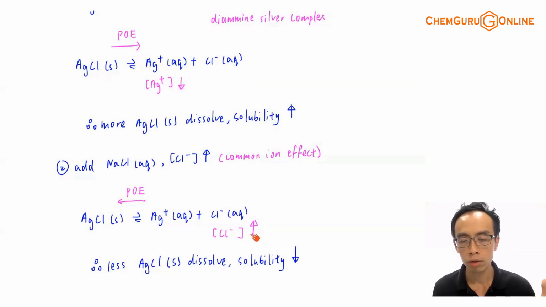If I'm increasing the concentration of my product, then the position of equilibrium will shift towards the left-hand side, and this means that less of the salt will dissolve, solubility will decrease, or solubility is suppressed. So we understand that involving the common ion effect, in the presence of a common ion, the solubility of a sparingly soluble salt will be suppressed, solubility will come down.